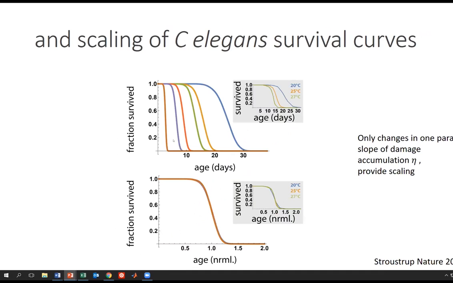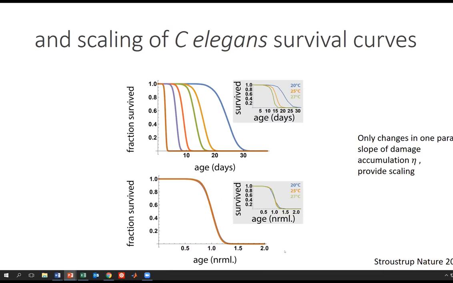Another wonderful result, by Nick Stroustrup, is the scaling of C. elegans survival curves. If you have different life-extending perturbations and you plot age divided by the average age, the curves tend to fall almost exactly the same. That's also explained by this model, but only when these perturbations affect the rate of damage accumulation, this eta, the change with age of damage accumulation. With any other parameter you get a different slope.